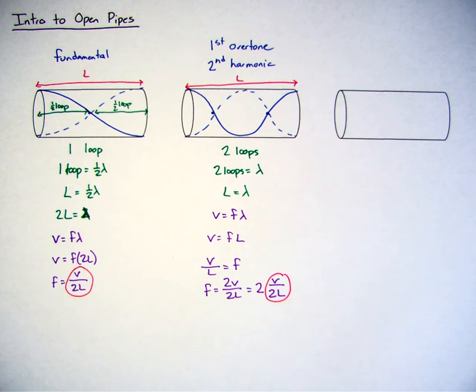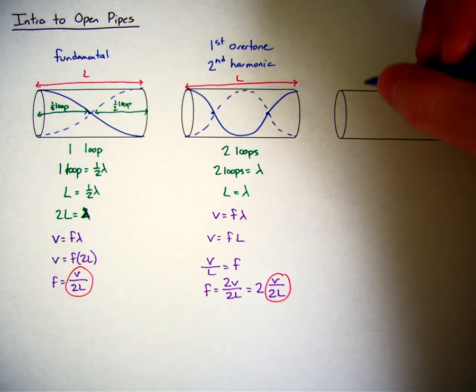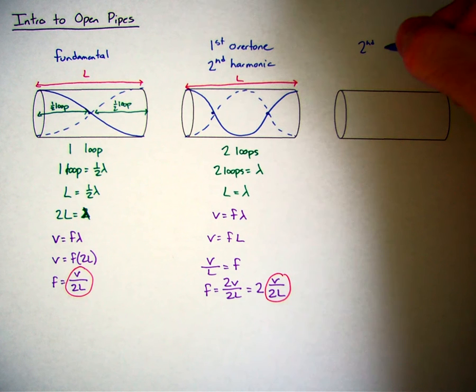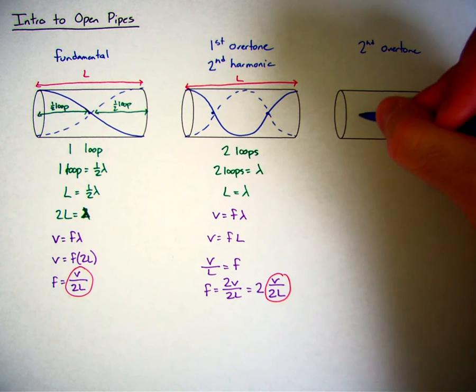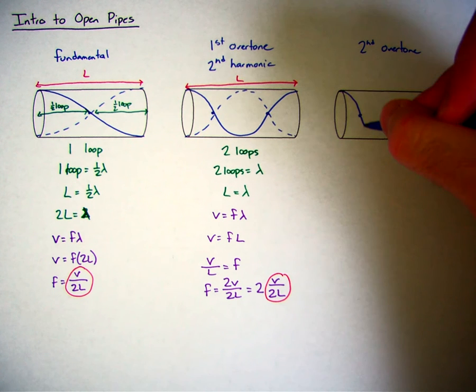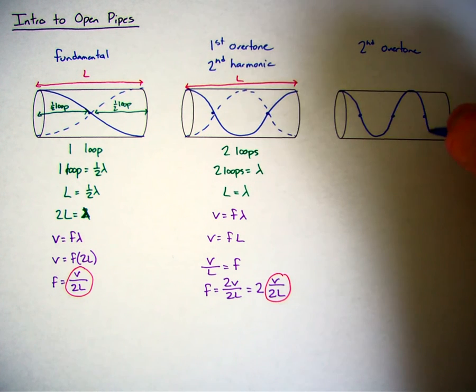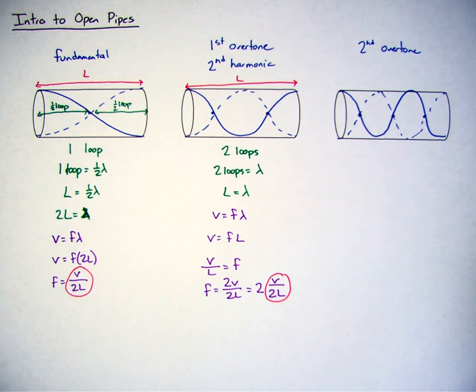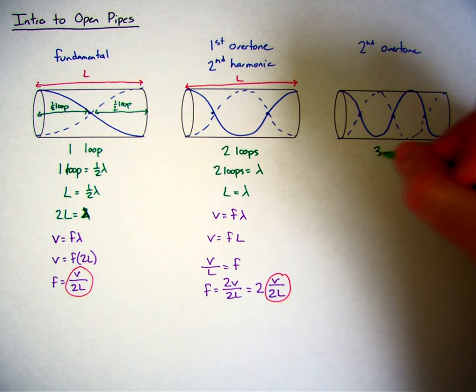Now, if we continue on then with our second overtone, for this to occur, I have to create an additional loop. So in this case, we have 3 loops.